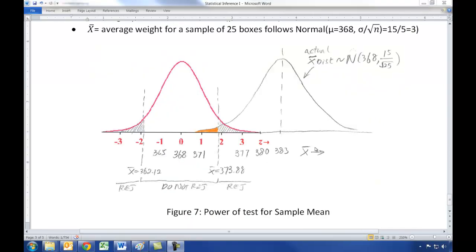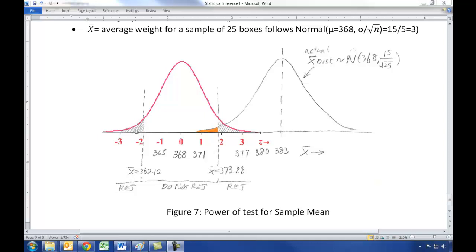Let's now look at what is going to happen if, instead of using one individual box weight, we are using the sample mean of a sample of 25 boxes to conduct the hypothesis test. We will follow the exact same procedure we have described before.